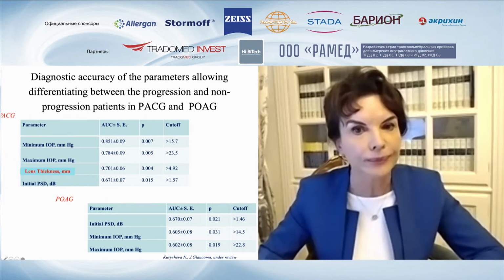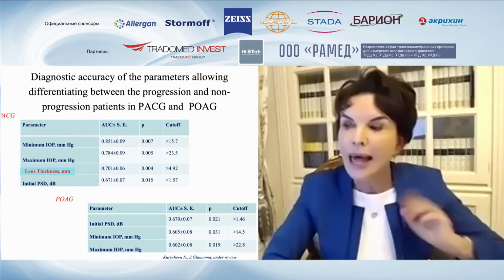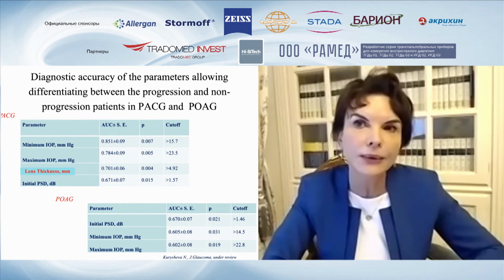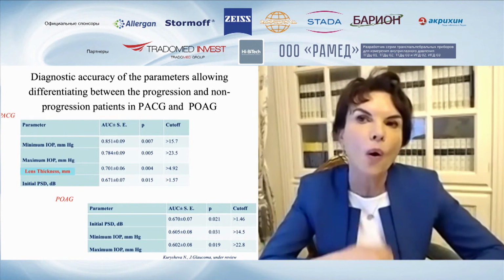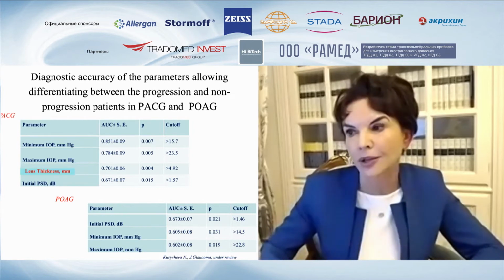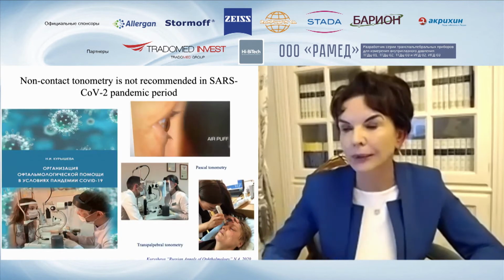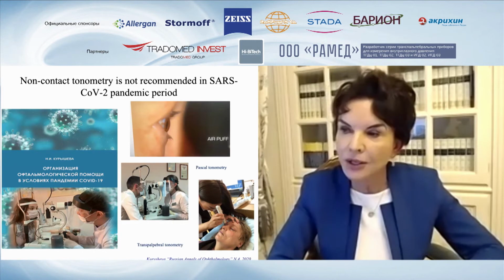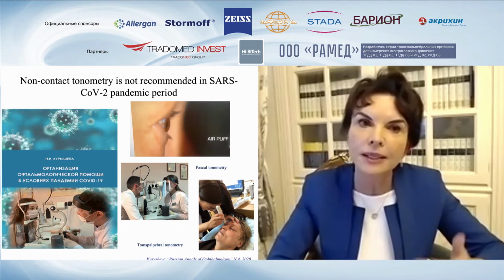By the way, it means that primary angle closure glaucoma is a more IOP-dependent condition than primary open angle glaucoma. And it means that we have to measure IOP despite the pandemic situation.